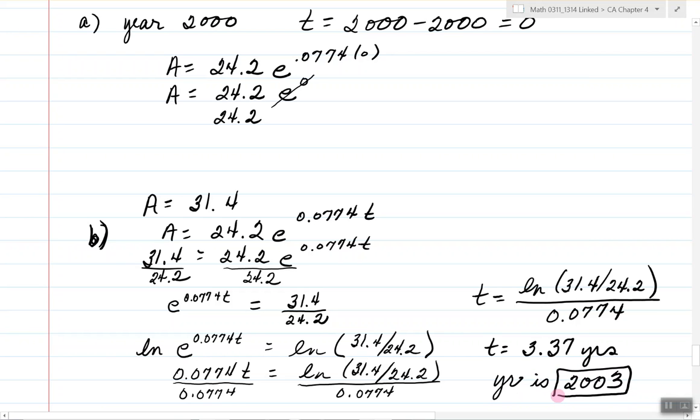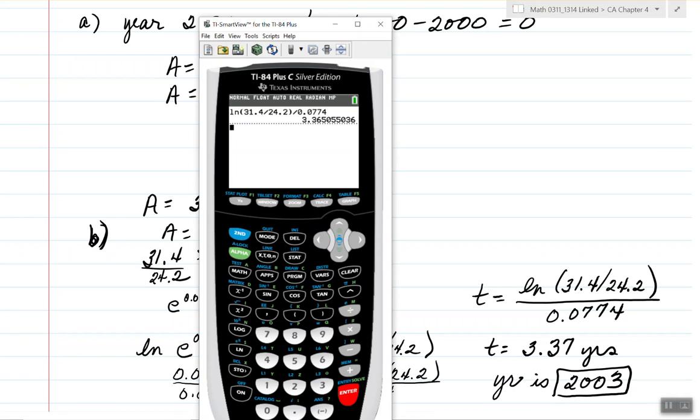All right, now having done all of that, let's go back because we haven't done this much. We still have in the y equals this. We have the function. Go to another y equals and put in the y value that they've given you, 31.4. Let's go to window. I'm going to go from -10 to x's or years.